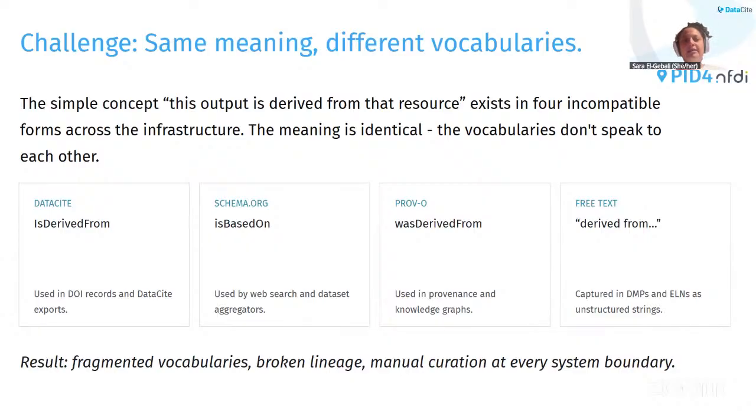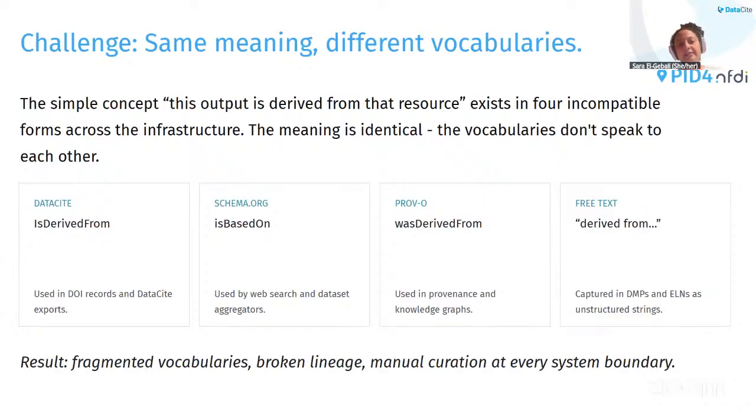But when that data set moves from one system to another, that meaning gets lost because these systems do not automatically understand each other. They're not like humans. We're talking about machines. They're not automatically understanding that is derived from in one tool is the same thing as the one from DataCite or the one in free text.